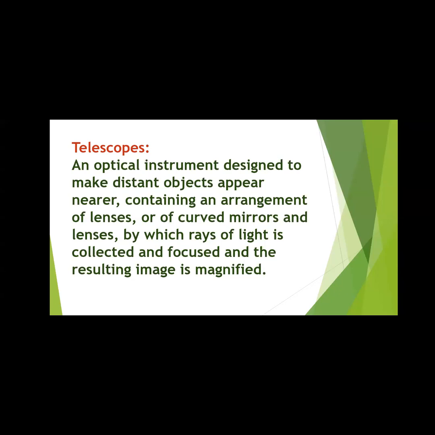An optical instrument designed to make distant objects appear nearer, containing an arrangement of lenses, or of curved mirrors and lenses, by which rays of light are collected and focused and the resulting image is magnified. That is called a telescope.